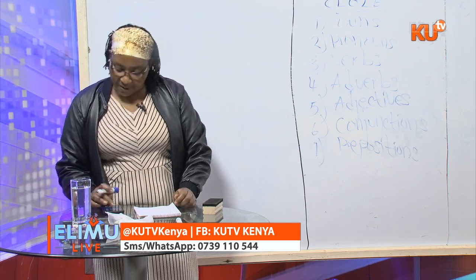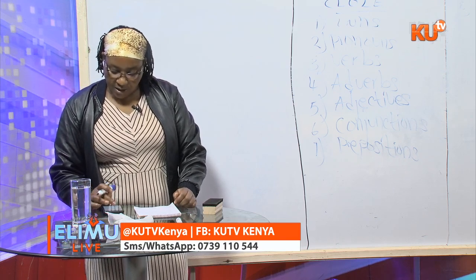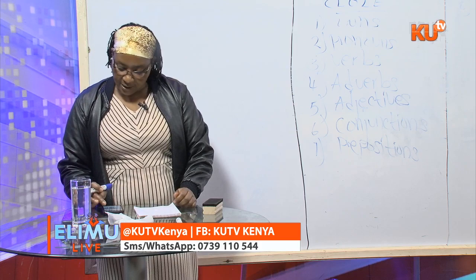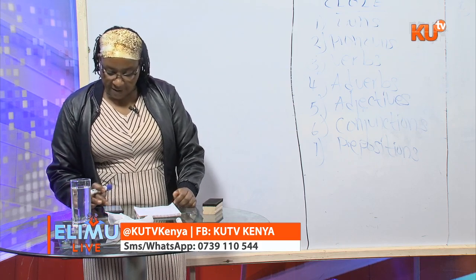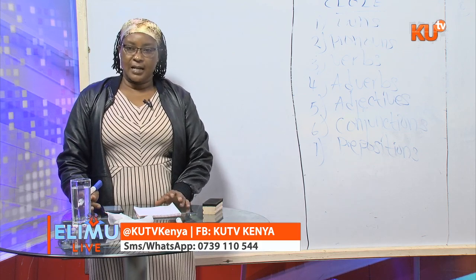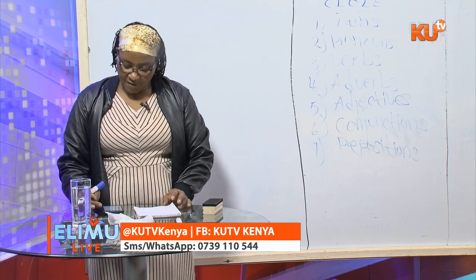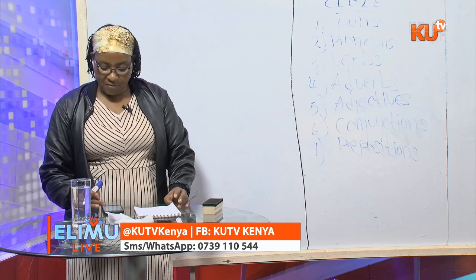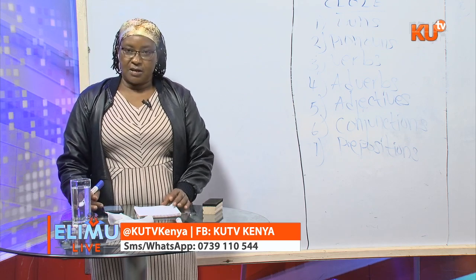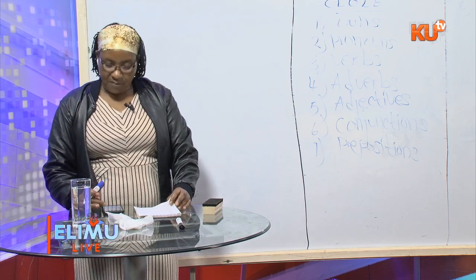Now in class 1, the first topic is greetings. We have greetings and requests. The second topic in class 1 is home. Number 3, we have the classroom. Number 4, we have numbers. Number 5, family. Number 6, our body.